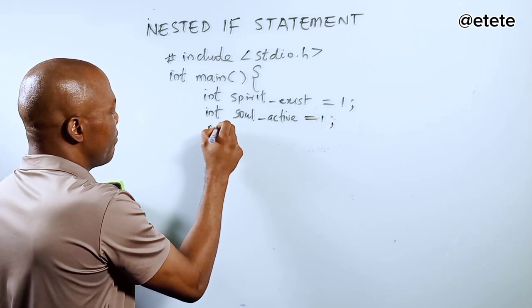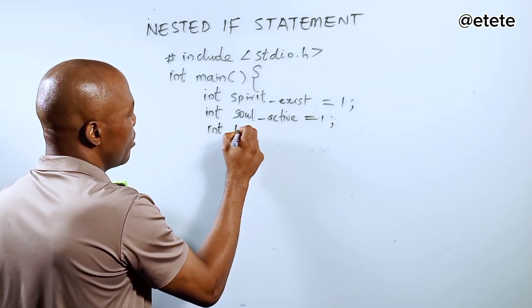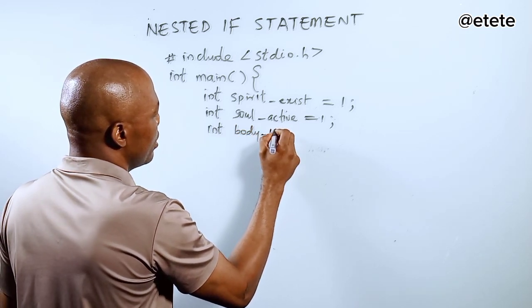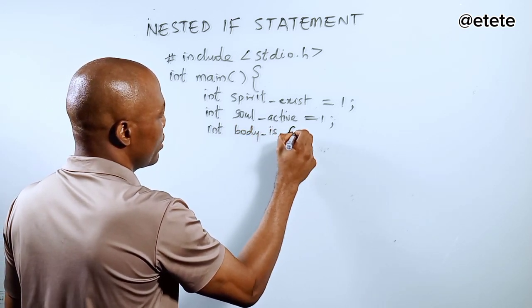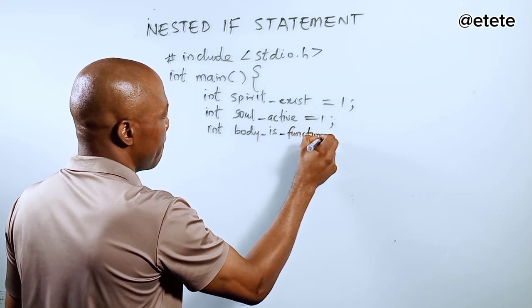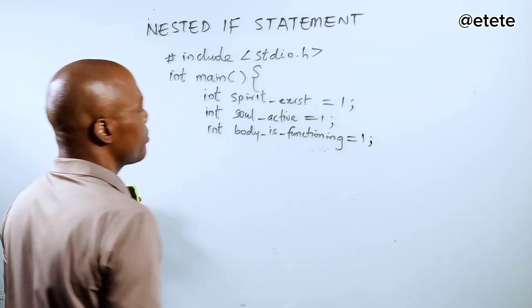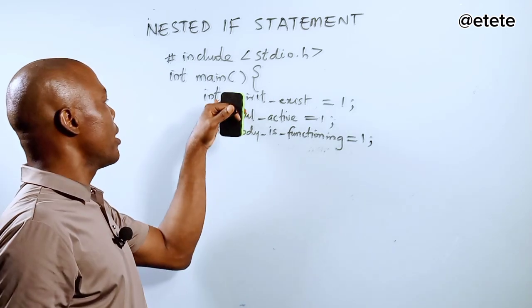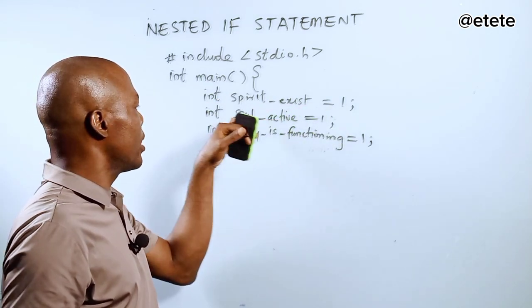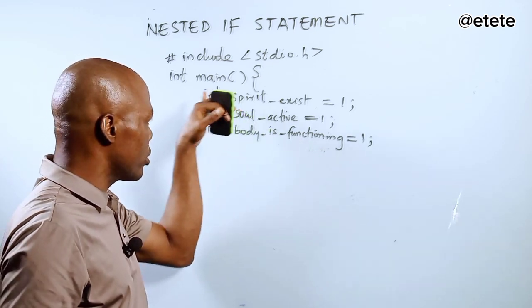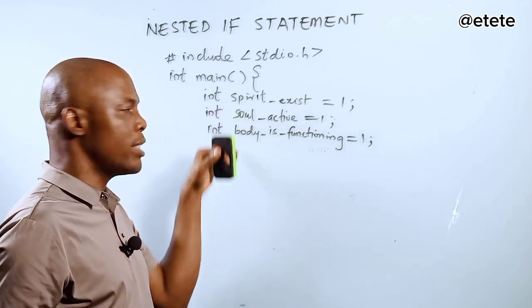Then I will declare another variable again. Body_is_functioning, then I will assign one to it. So I've declared three variables. The first one is spirit_exists. Second one is soul_active. Body_is_functioning. So I have declared these three variables in this integer realm.